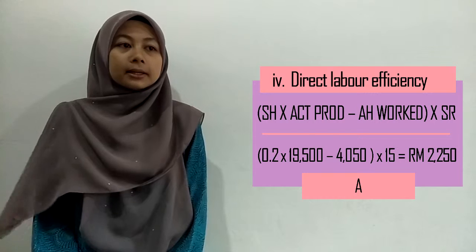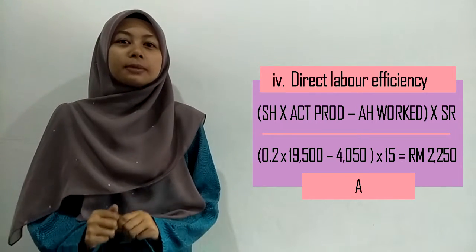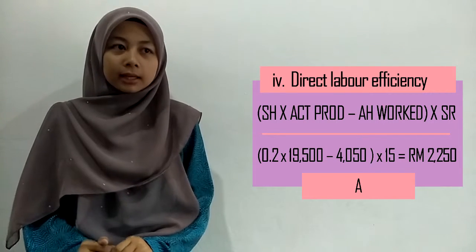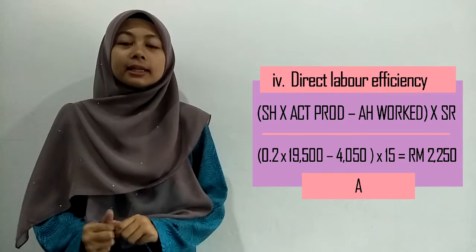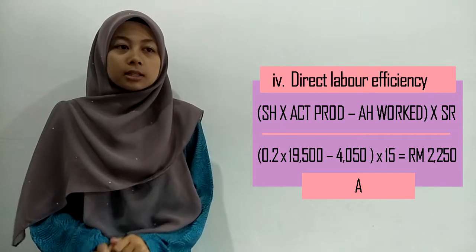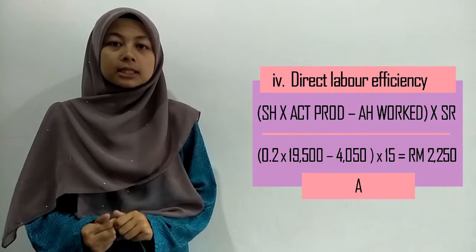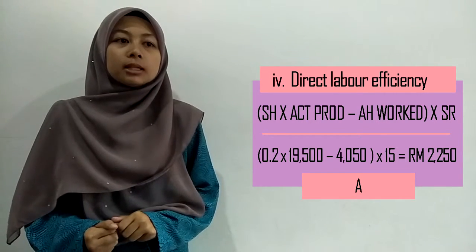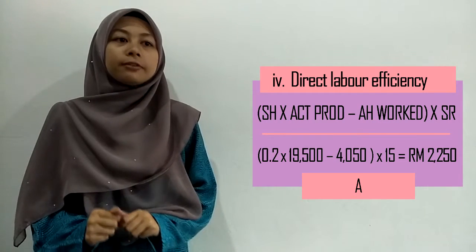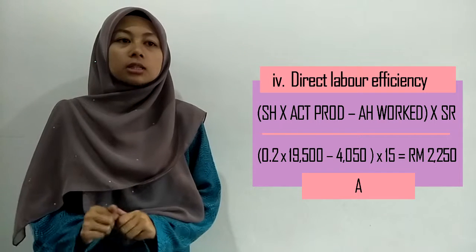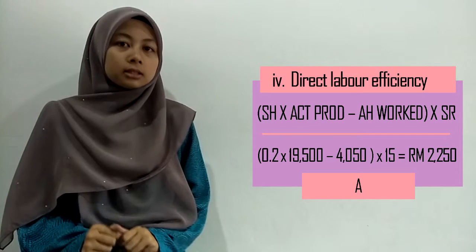Our formula is standard hour times actual production minus actual hour, and we times by standard rate. So 0.2 times 19,500, which is our actual production, minus 4,050, which is our actual hour, times 15 ringgit, which is our standard rate. So we get 2,250, which is also a negative figure, so it is adverse.